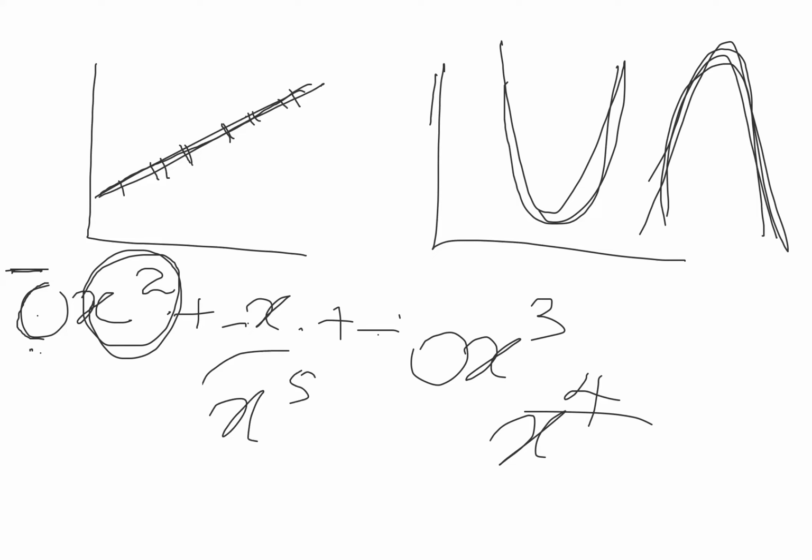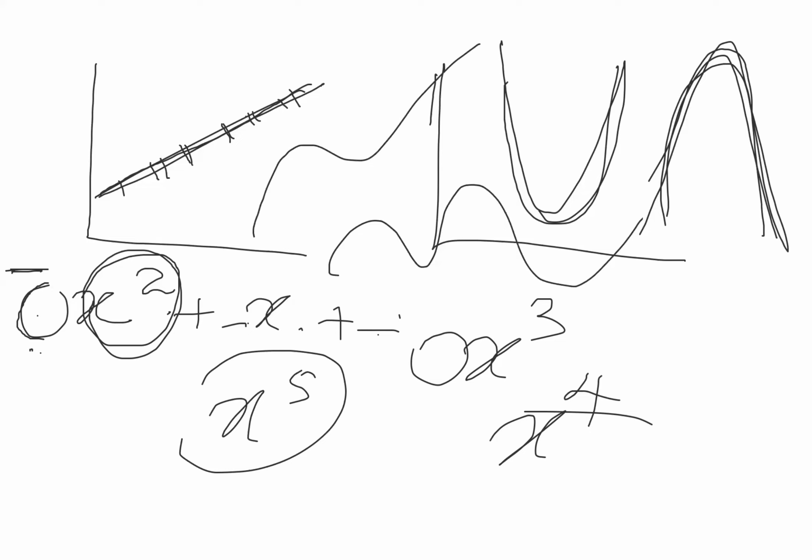If our functions have this kind of terms, with a high power, where the unknown variable's power is greater than 2, then the shape is different. Sometimes its shape is this way, or that way. It depends on the power and the other terms.